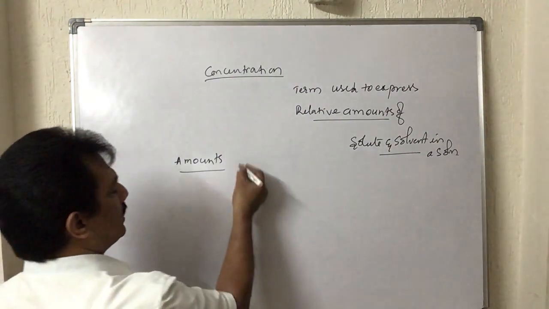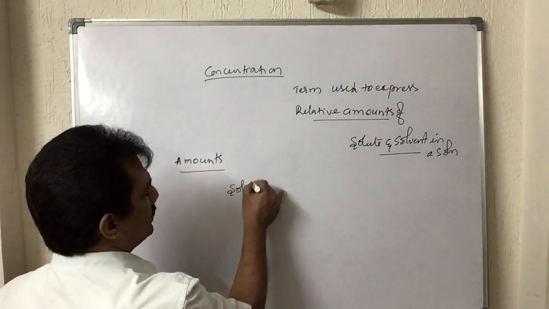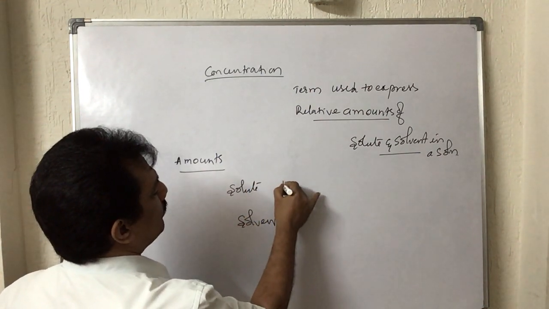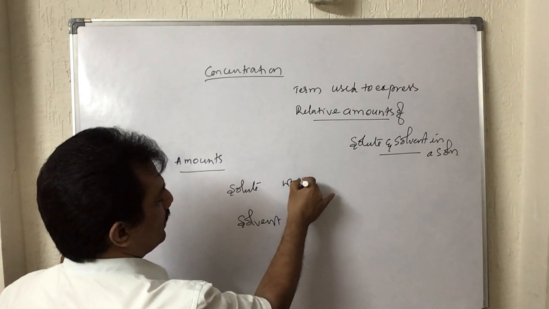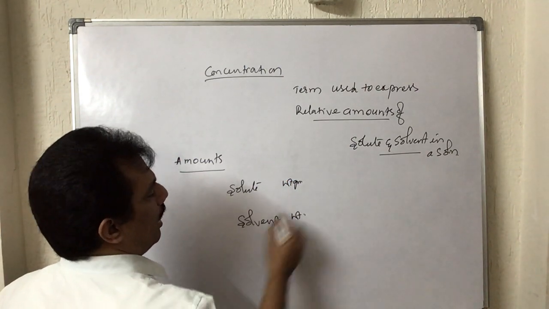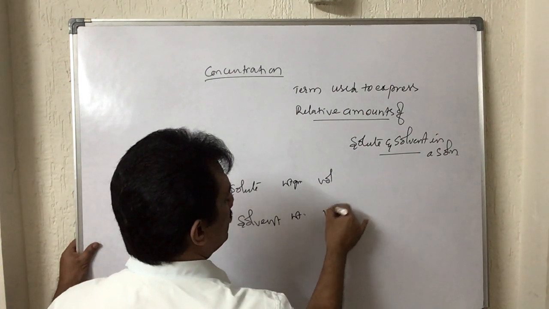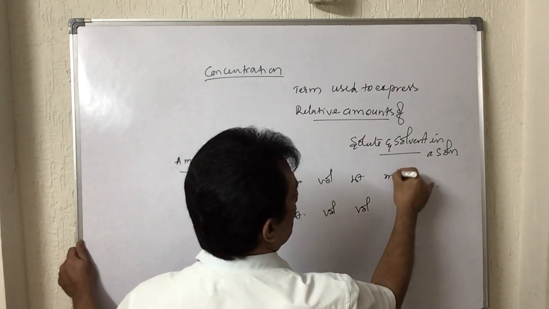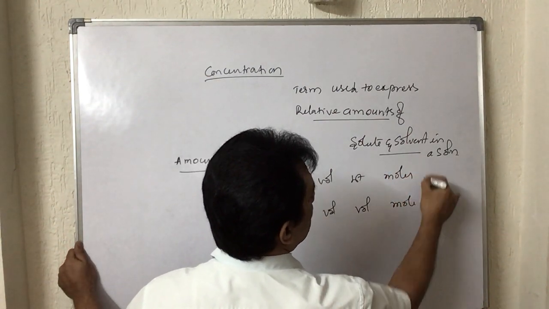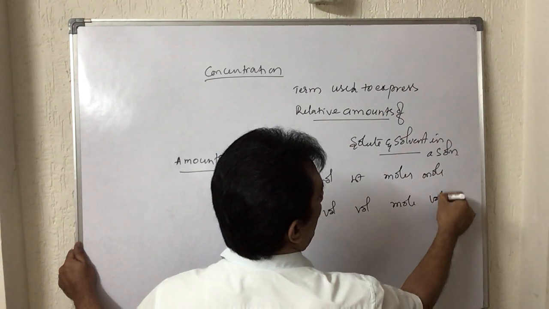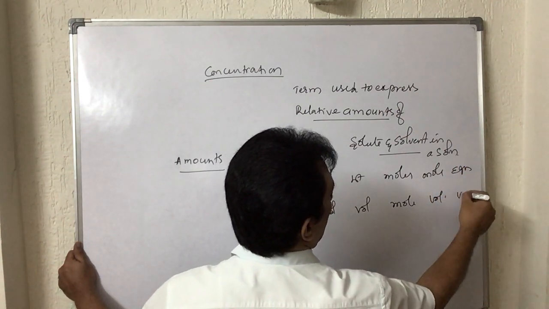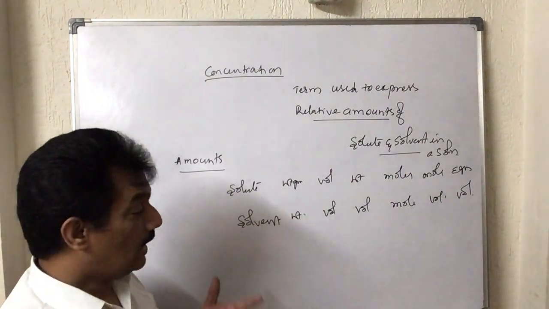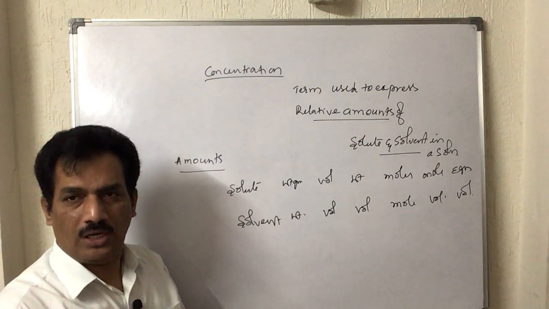For example, here the solute is there and here the solvent is there, and we can express the solute in weight, that is grams, and the solvent also in weight in grams, or in volume, or the solute in weight and the solvent in volume, or both in moles, or the solute in moles and the solvent in volume, or in equivalent weights and volume. Like that, we can use different combinations.